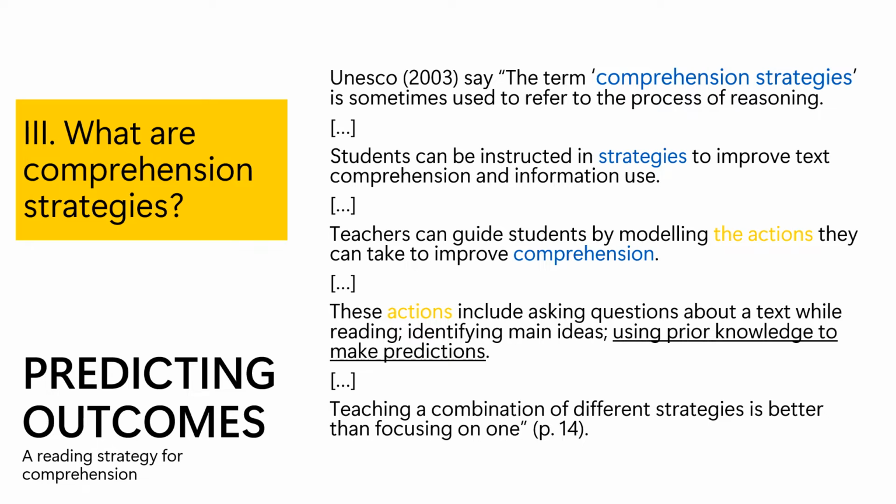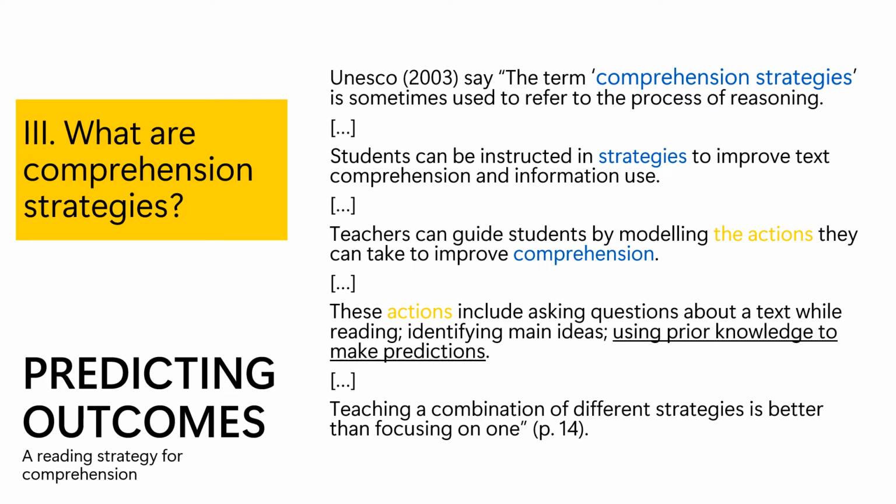So we need to work on improving our prior knowledge because, as UNESCO says, the term comprehension strategies is used to refer to the process of reasoning. So students can be instructed in strategies to improve text comprehension and information use.